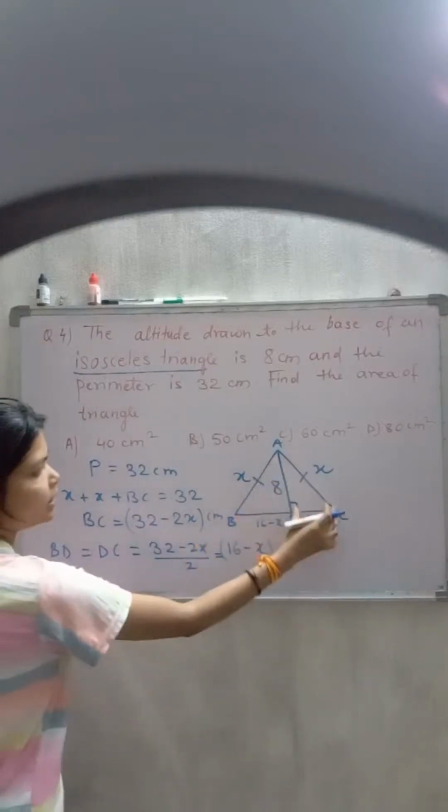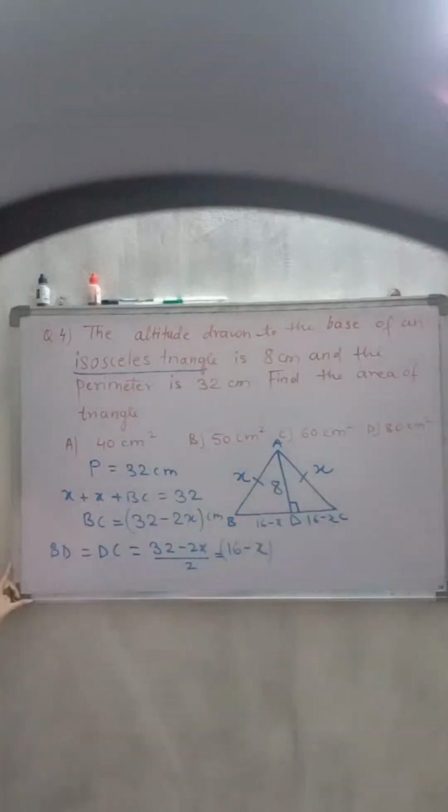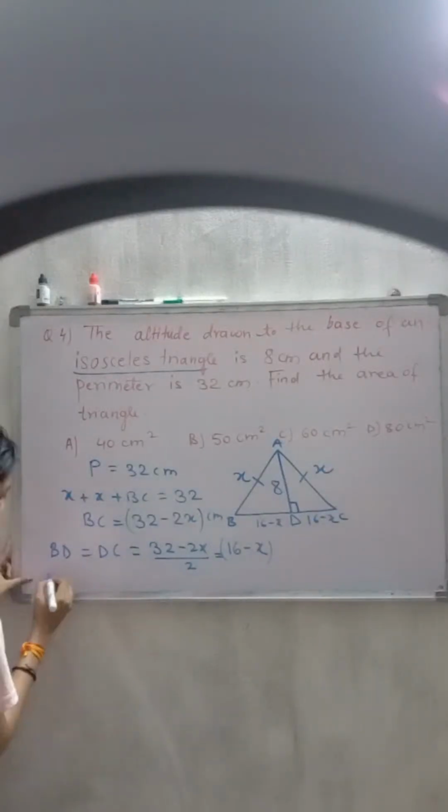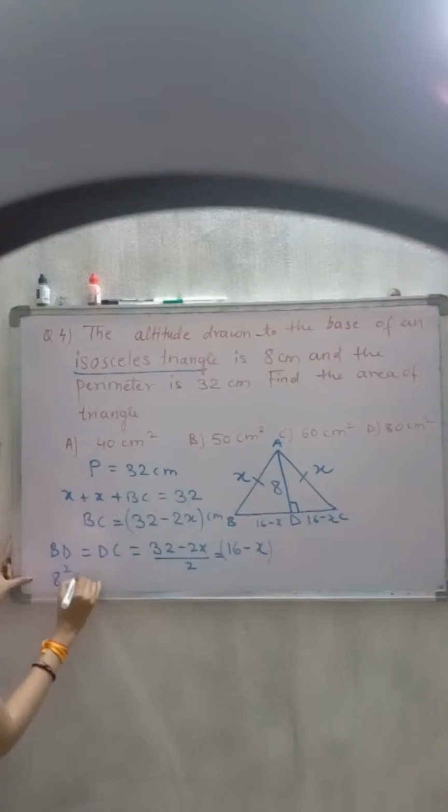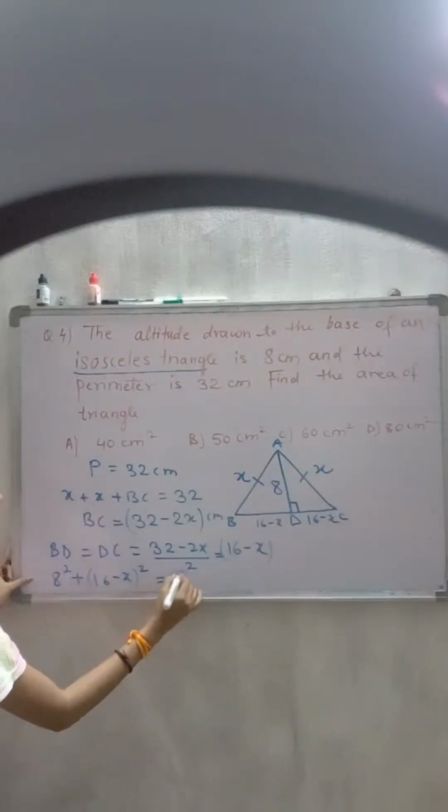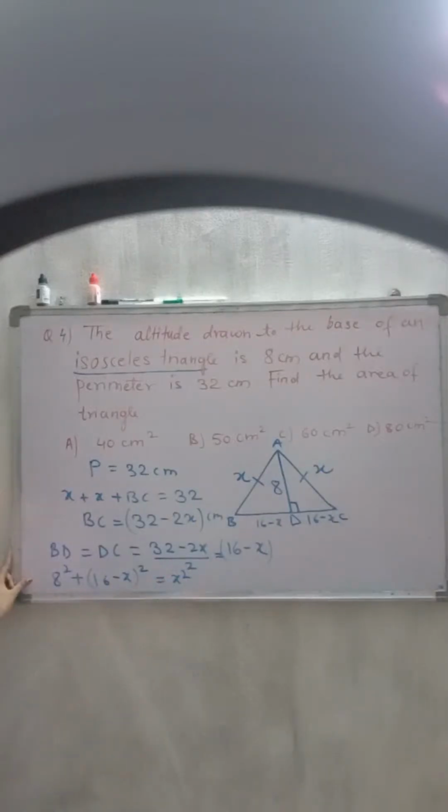Observe this triangle. This triangle is a right angle triangle. So by Pythagoras theorem, 8 square plus 16 minus x square equal to x square.